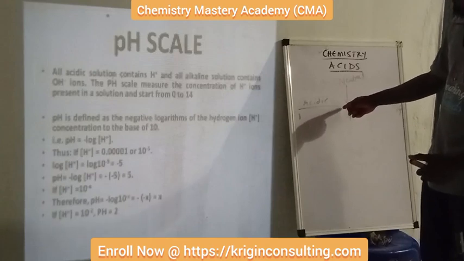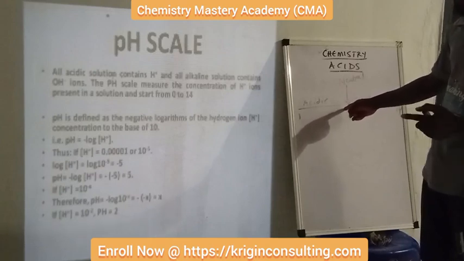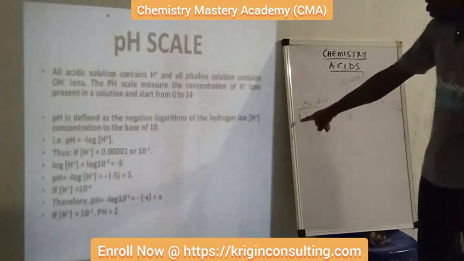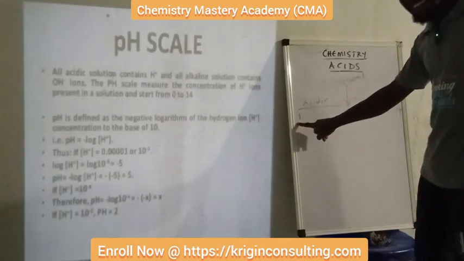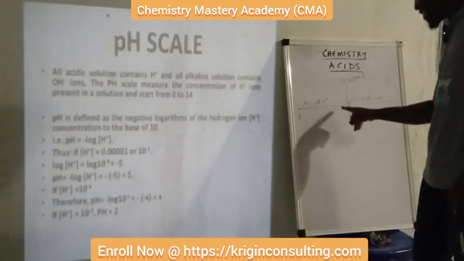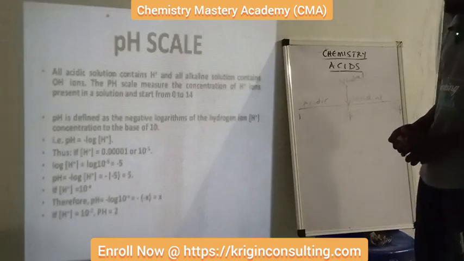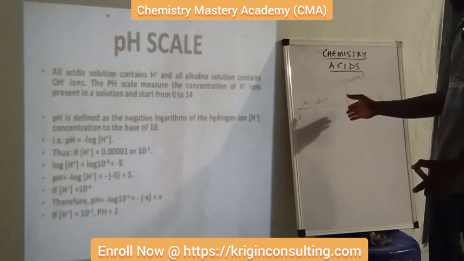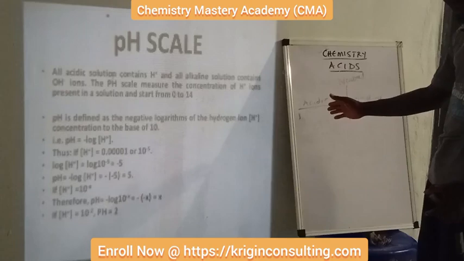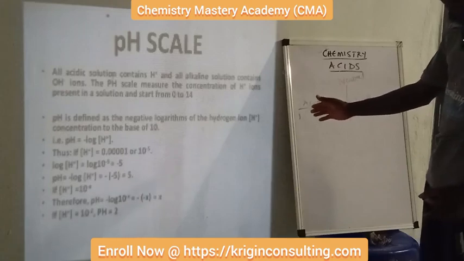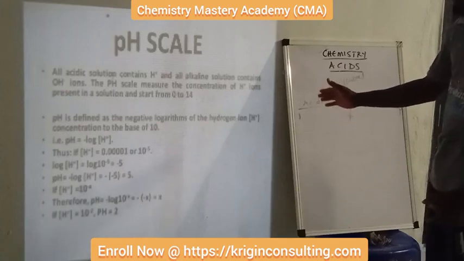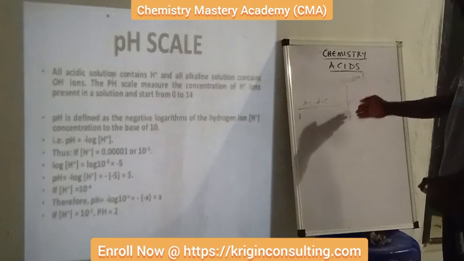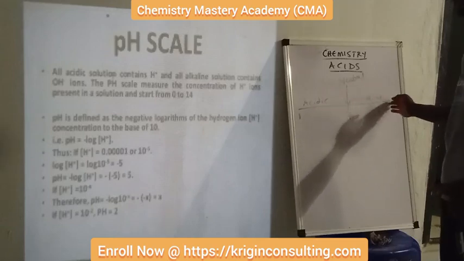But 6.9, despite the fact that the number is high, is less acidic compared to 1. That means 1 is more acidic than 6.9. So it means that as you move from a higher number below 7, as you go lower, the substance becomes more acidic.